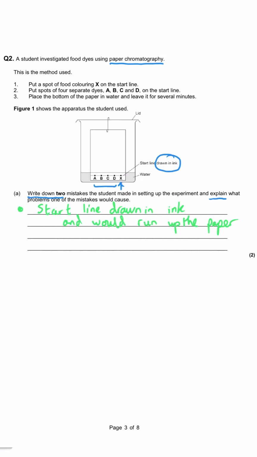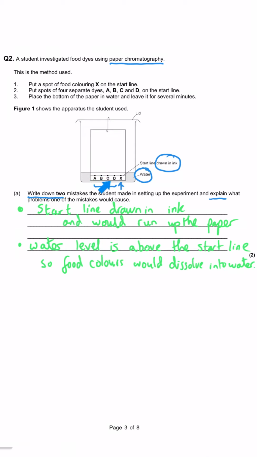And then the second mistake, also from the picture, is we've got the water, as we know, at the bottom, but what you can see is that the level of the water here is above the start line for the samples. And so as a result of that, the food colourings that are A, B, C, D and X, they wouldn't necessarily rise up the paper, they would dissolve into the water and we'd end up with just coloured water and it just completely wouldn't have worked.